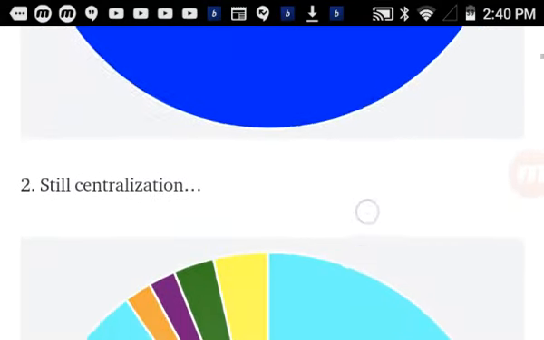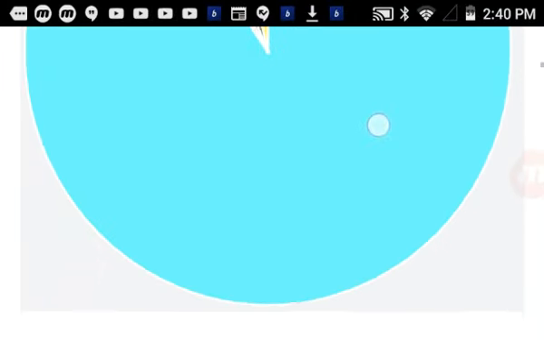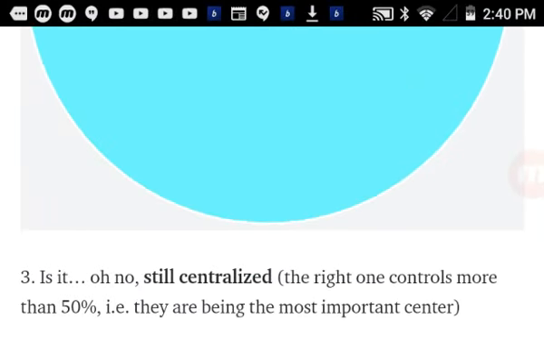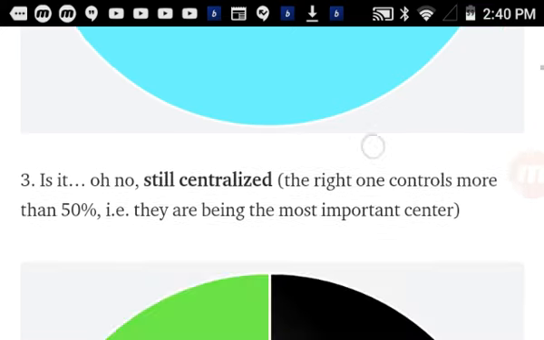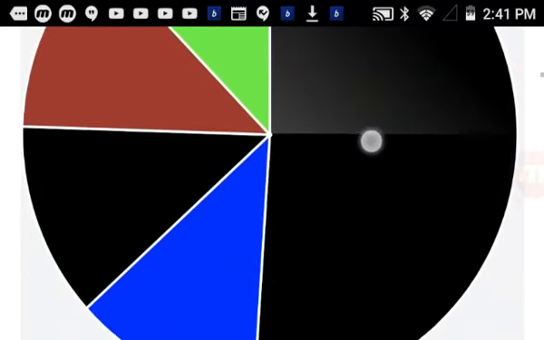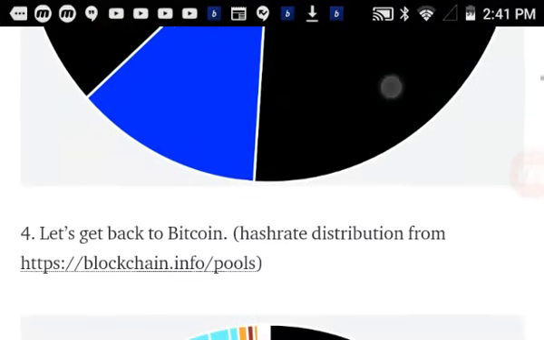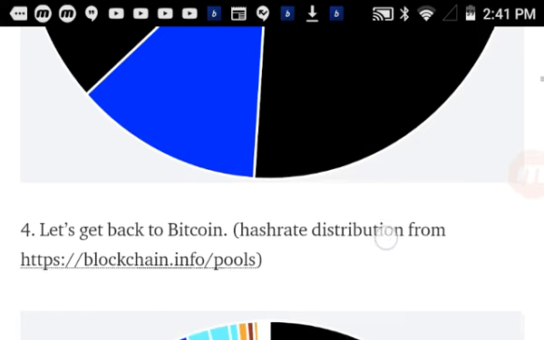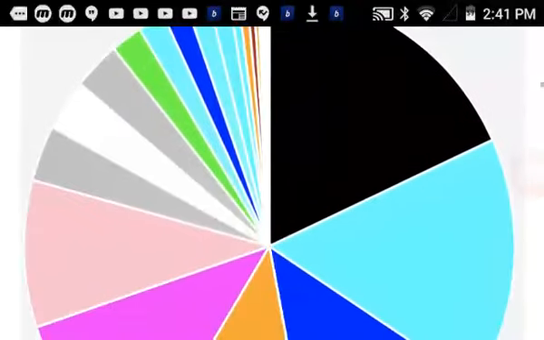So still centralization. And then in this next diagram, is it? Oh no, still centralized. The right one controls more than 50%. They are being the most important center. And it goes on with this next chart. Let's get back to the Bitcoin hash rate distribution from blockchain.info pools, right?